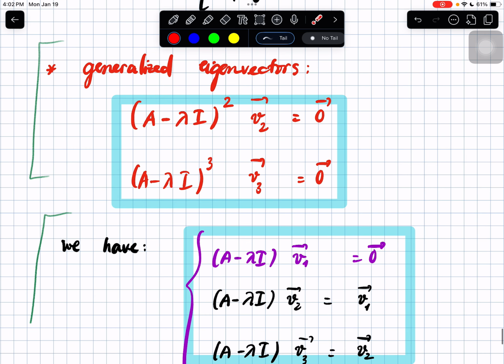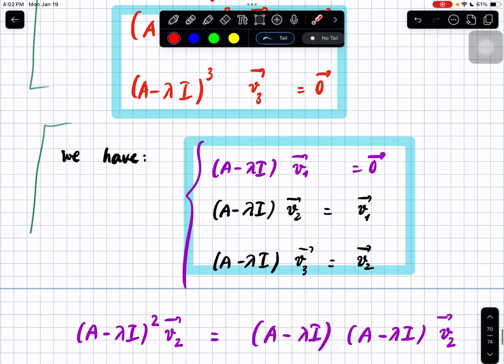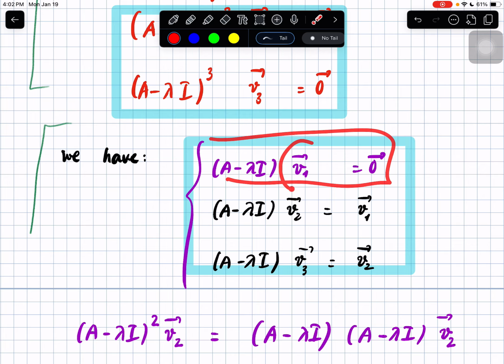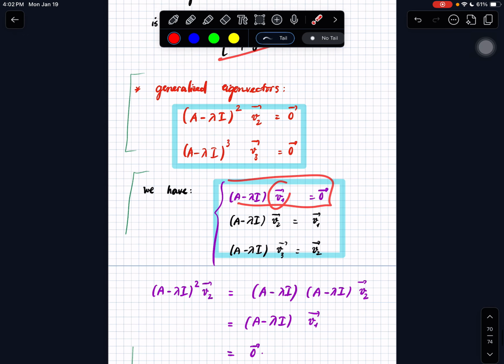There are two other methods, using two sets of formulas. With the first set, you raise this matrix to the power 2, find its kernel or null space, and get v2. Make sure v2 is independent from v1, and then find v3 so that it is independent from both v1 and v2. The second way is to use the three formulas right here. From the first formula, we found v1.